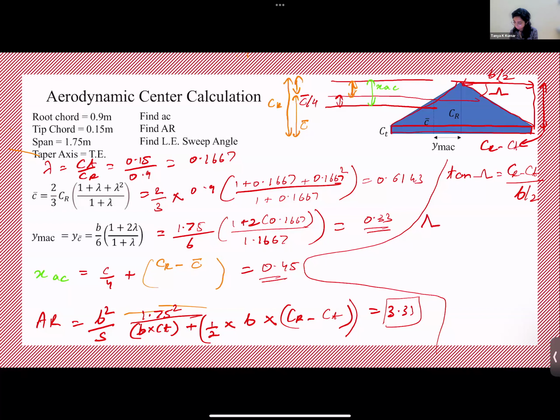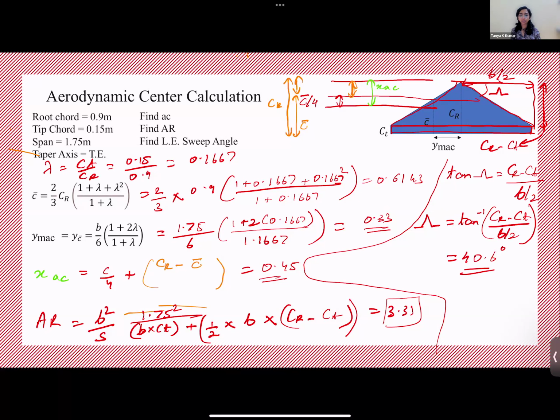So sweep would be tan inverse of CR minus CT by B by 2. What is this value? .6 degrees, yes.